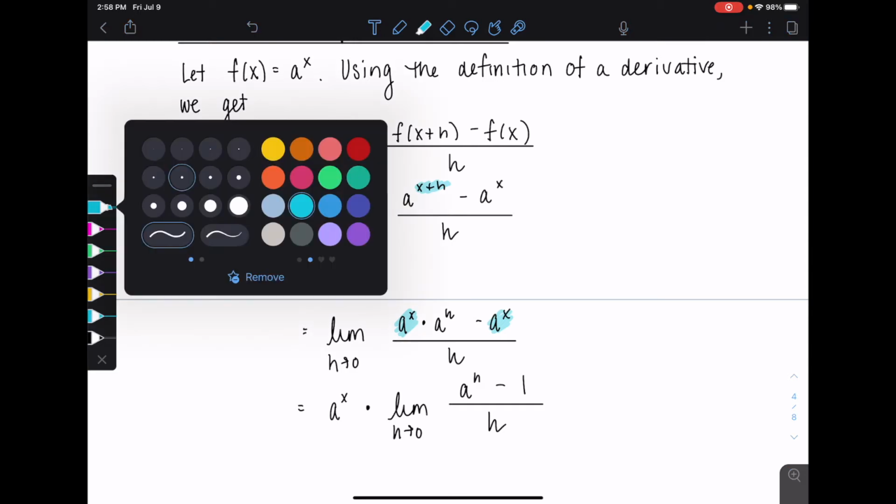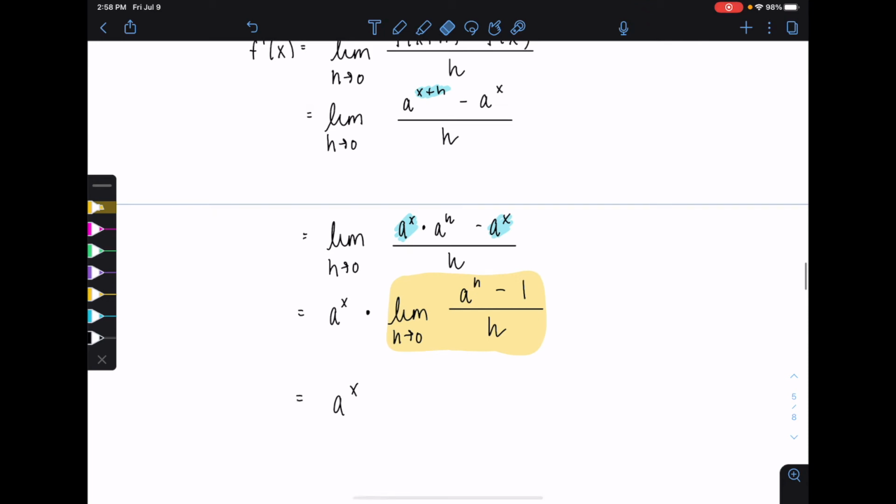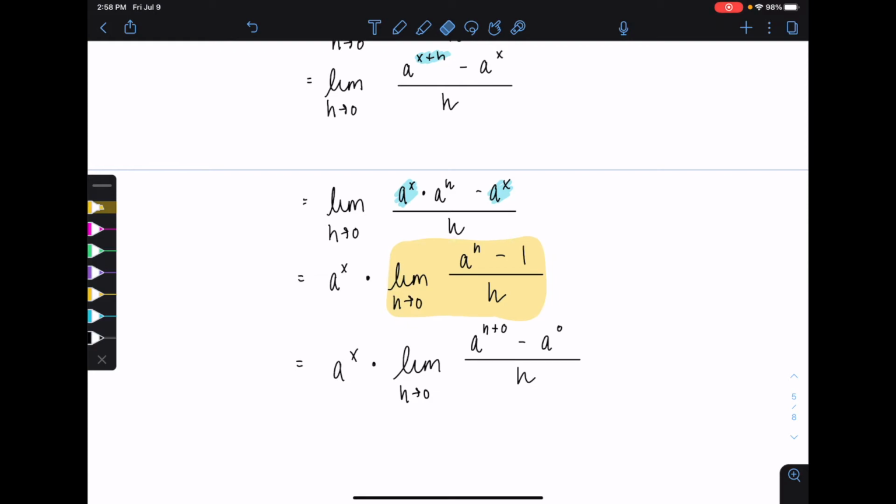And so we're really going to take a deeper look into what this quantity is, because it is a special limit. So think of that, a to the h is the same thing as a to the h plus 0. 1 you can rewrite as a to the 0. And that is specifically the derivative of the exponential function evaluated at 0.